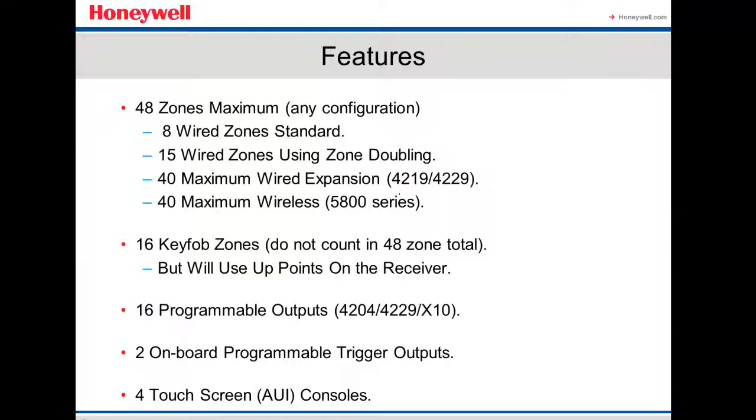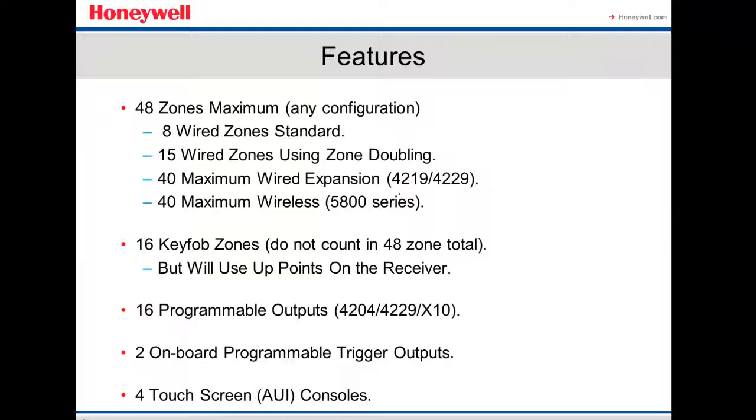You never double zone number 1, it's strictly used for a fire device. But you start doubling from zone number 2 to zone number 8. When you double zone number 2, the double zone is going to be number 10. If you double zone number 3, the double zone is going to be 11, and you can keep going up to zone number 8, which is going to be zone number 16.